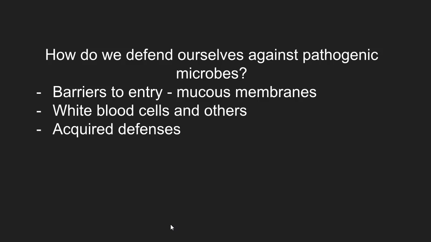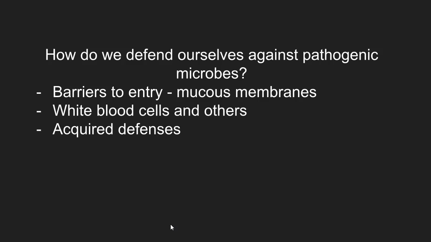So if there are all of these pathogenic microbes inside and outside of us, how do we prevent them from getting in? How do we defend ourselves? The first and principal way is through barriers to entry, which is our mucosal membranes that keep most things out.